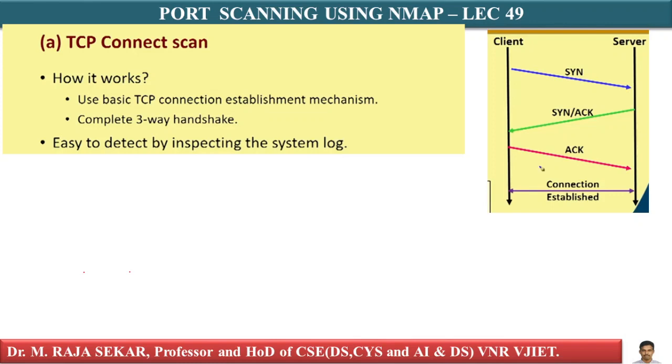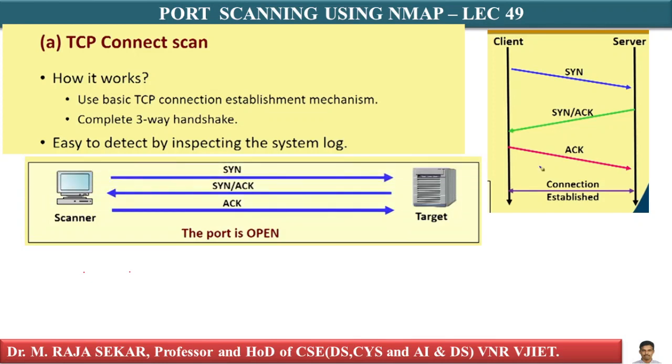The client sends a TCP packet with the SYN bit set. The server sends back SYN and ACK both set. And finally, the client sends ACK. Then both sides know that the connection has been established. There are three message exchanges.